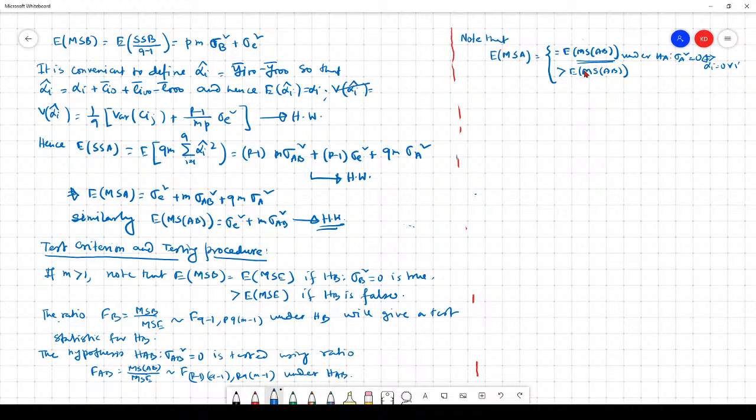So please note down, for random effect model and mixed effect model for testing HA, the valid error is MSAB. But for fixed effect model, the valid error for testing HA is MSE. Okay. And this is greater than when HA is false.